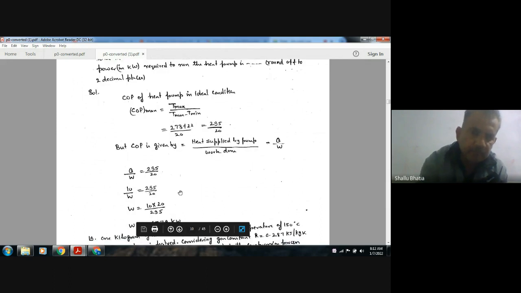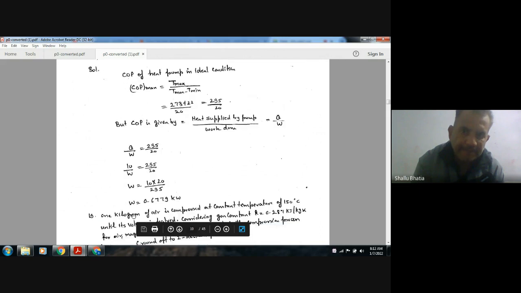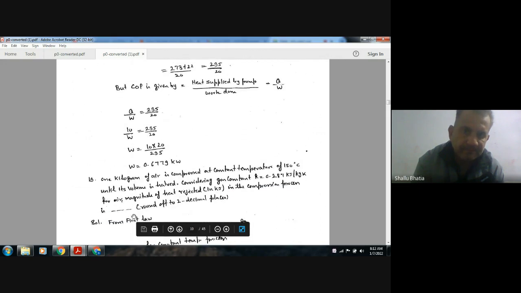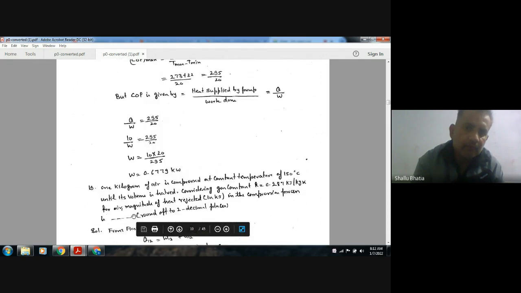Heat supplied by the pump is 10 kilowatt. COP is given by Q by W. Putting Q equal to 10 and equating, you can get W as 0.6779.